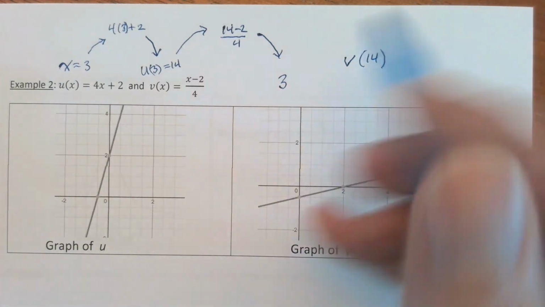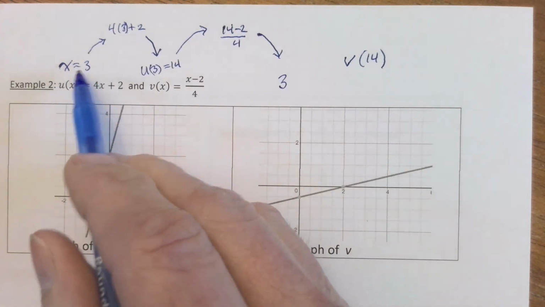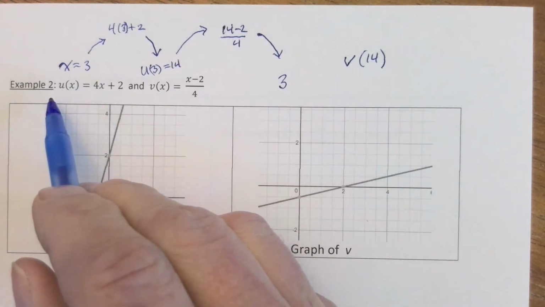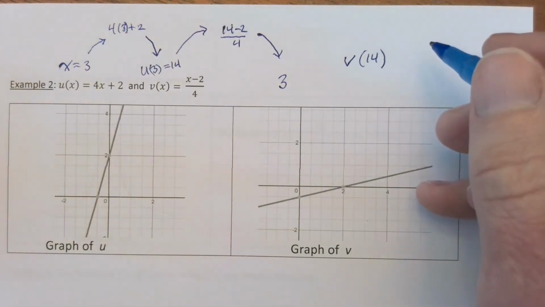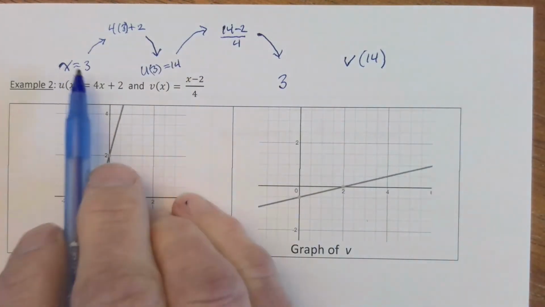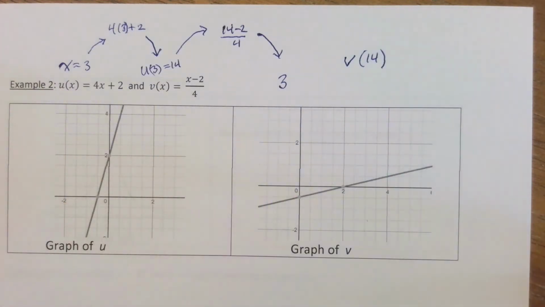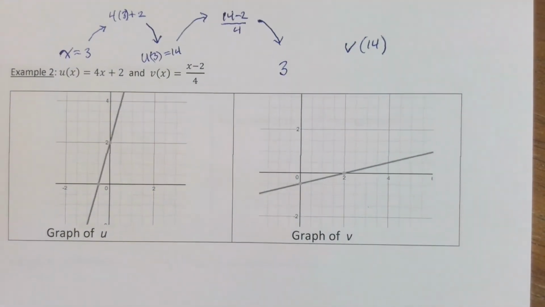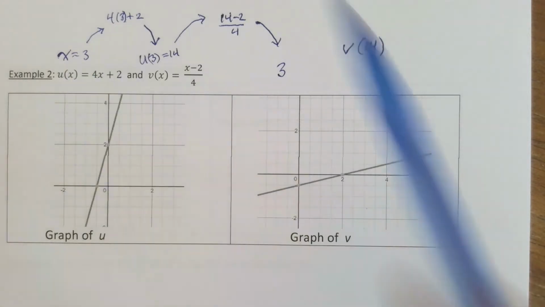But where did 14 come from? It came from putting 3 into u. So as you can see, we started with 3, we ended with 3, and that illustrates some property of inverse functions. And you'd want to be able to demonstrate that it works backwards also.